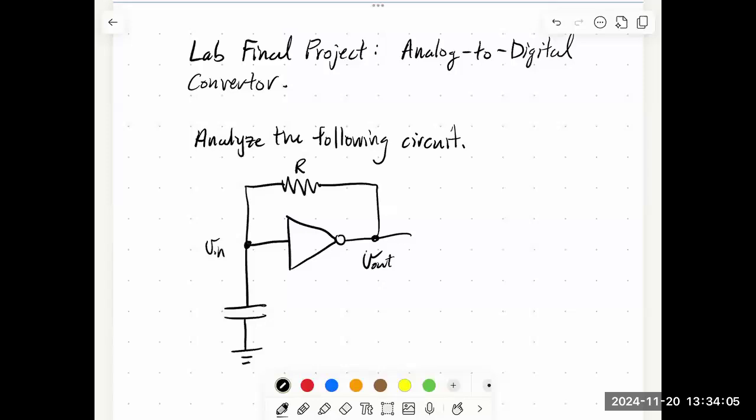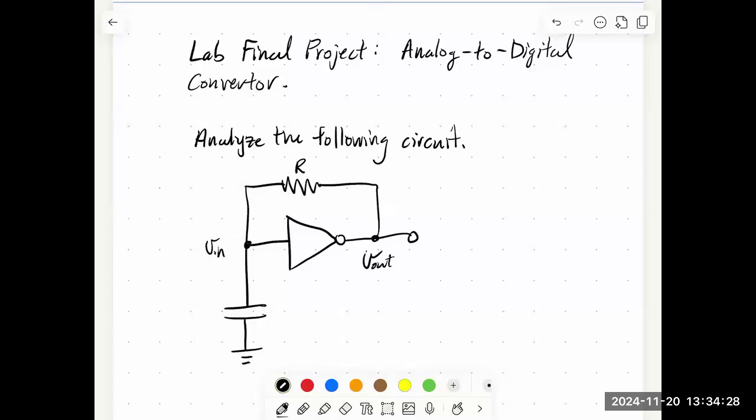Just one point of clarification. You're going to build two circuits that involve things like this. This is the heart of what we're going to work on tomorrow. The thing I want to point out is that there is no signal generator connected to this circuit. You don't supply a square wave or a sine wave or anything.